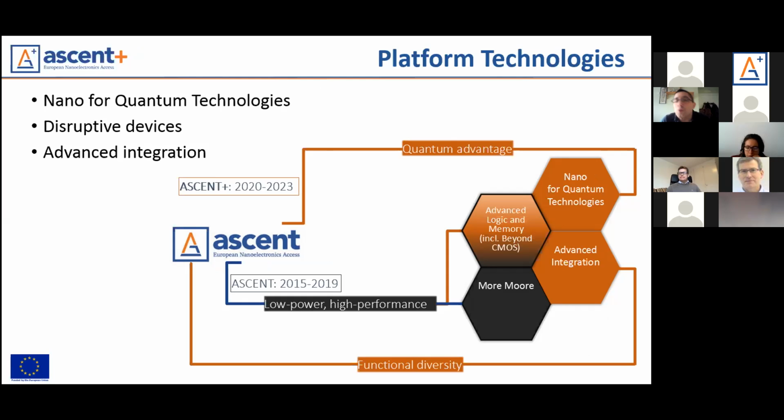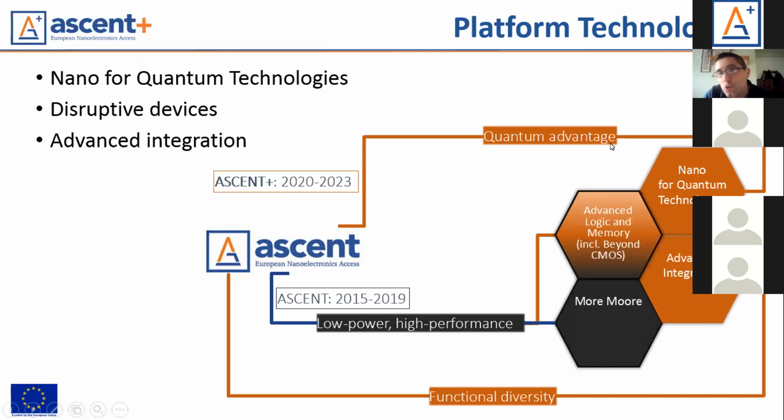But then we also move into 2 new areas that weren't covered in the original ASCENT: nanotechnologies for quantum, and advanced integration. So essentially in ASCENT Plus, we have 3 main platform technologies: nano for quantum, disruptive devices that includes the low power, high performance from the original ASCENT, and advanced integration.